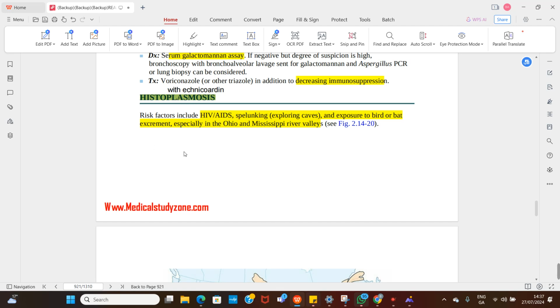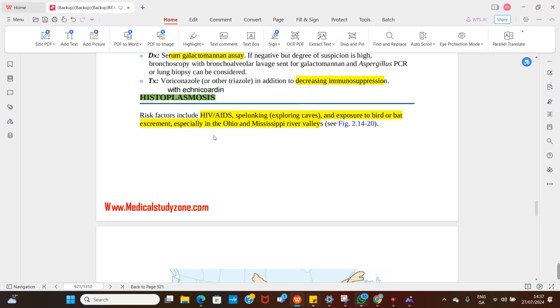People with histoplasmosis don't usually have symptoms, but once there's any cause of immunosuppression, that's when they see them having pneumonia. These factors include HIV, and people that explore caves, because in these caves you have the dung of birds and bats. By the time they start exploring the caves, they get exposed to the dung and can develop histoplasmosis.